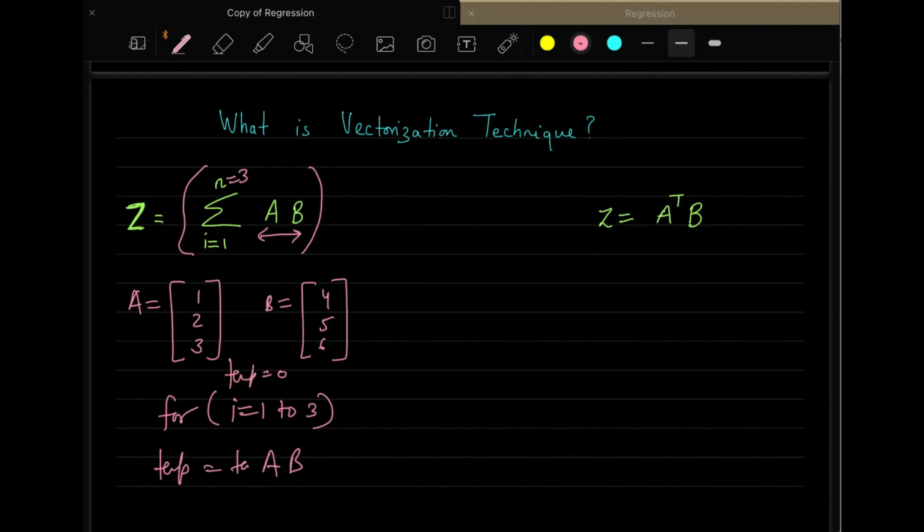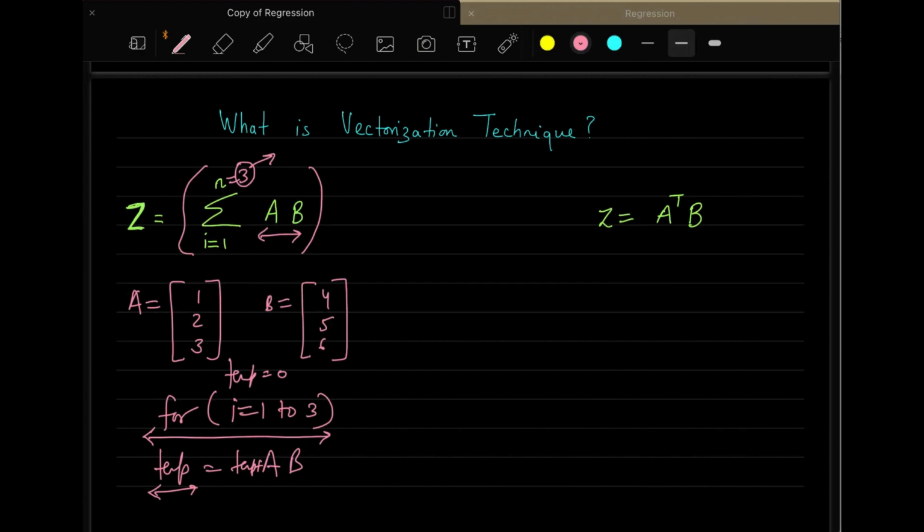Finally you get the value out, which is the inner product of a and b. And the important thing is, as you increase the value 3 to, let us say, 1 million, you will see this for loop will slow down the process.